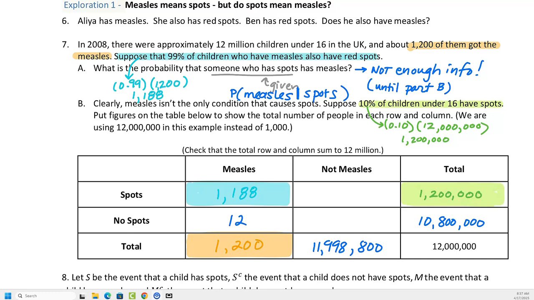And I do know that this 1,188 plus something has to be equal to that 1,200,000. Well, I'll subtract that 1,188 from the 1,200,000, and when I do that, I'll get 1,198,812.